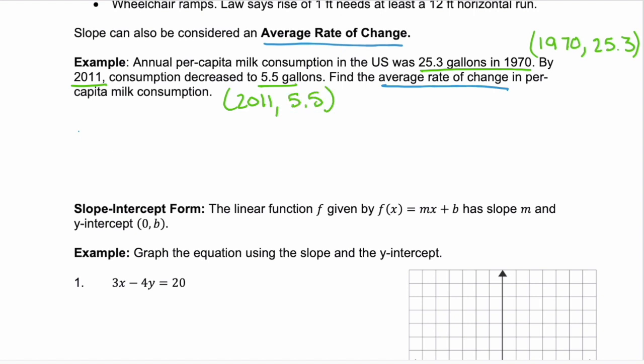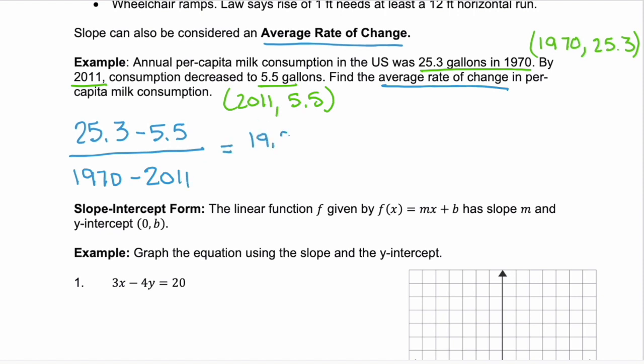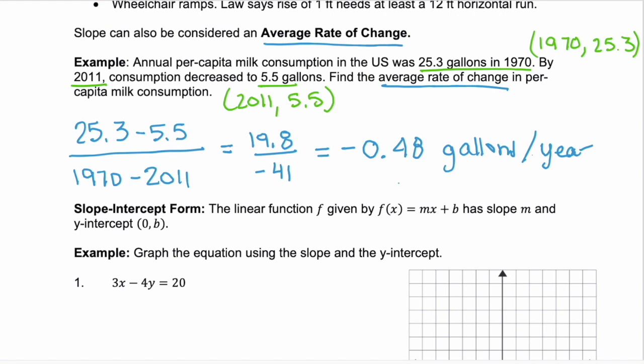So using that information, we can do the slope formula. 25.3 minus 5.5 over 1970 minus 2011, which is 19.8 divided by negative 41, which equals negative 0.48 gallons of milk per year. So consumption of milk is dropping by about half a gallon each year.